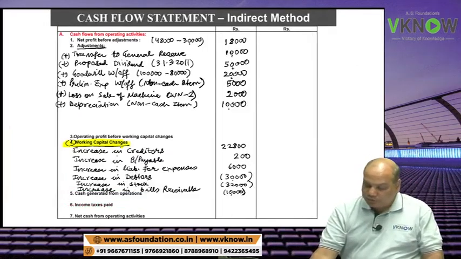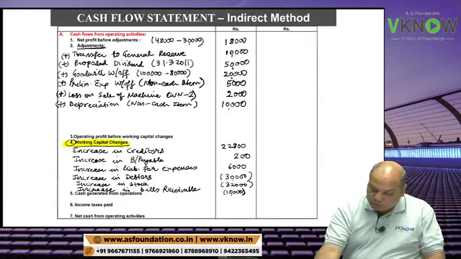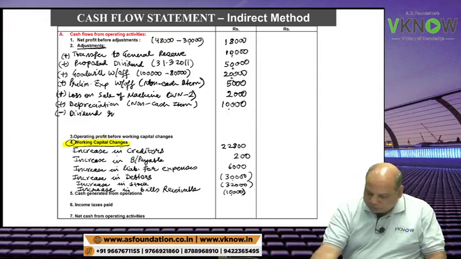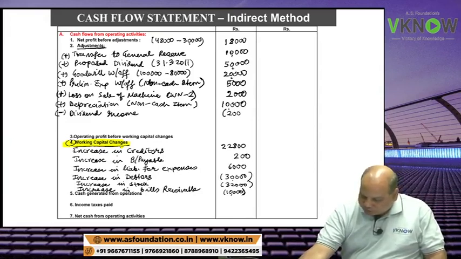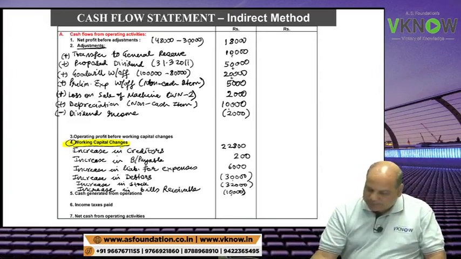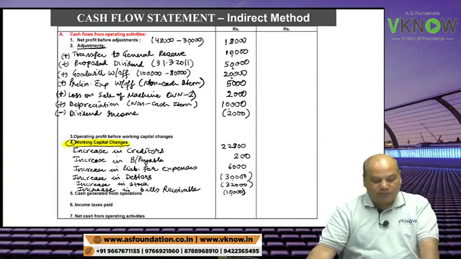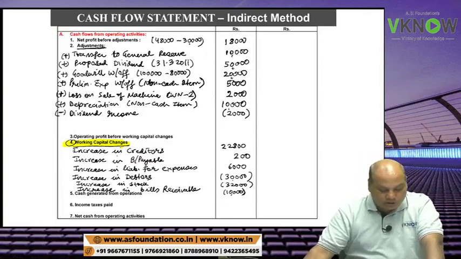So come to operating activity adjustment: less dividend income, in bracket 2,000. This is in bracket. Before that, all other figures were positive. So adjustment number 3 is over.